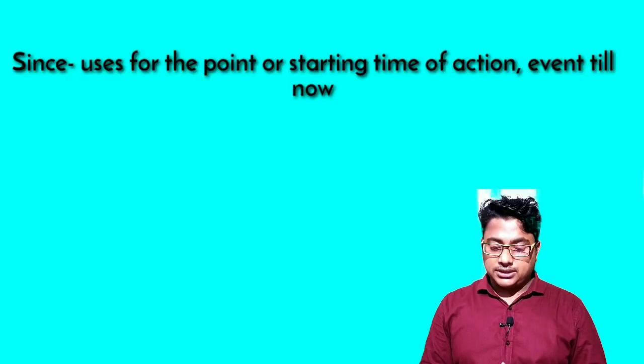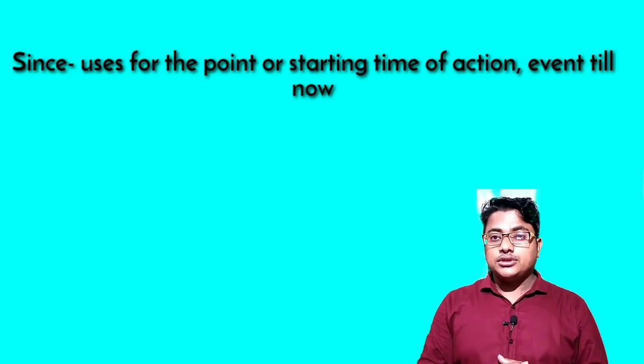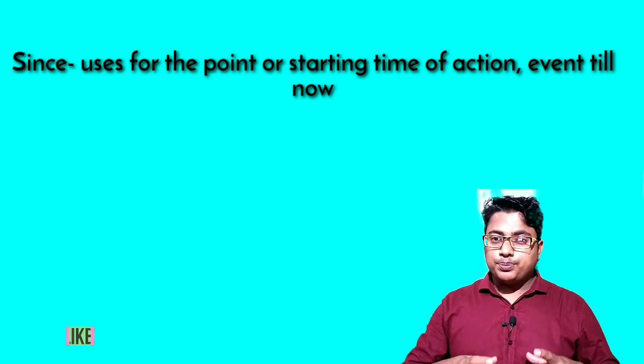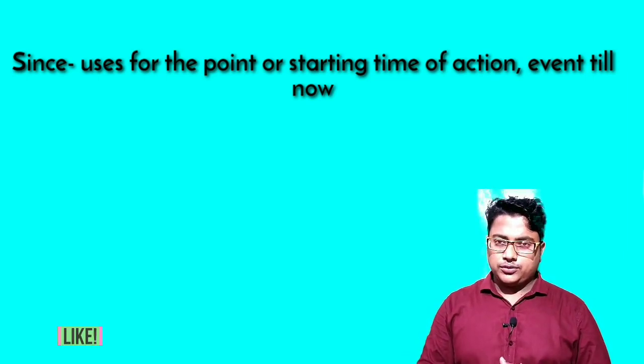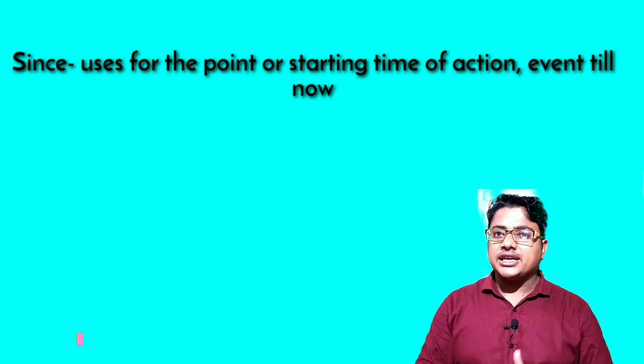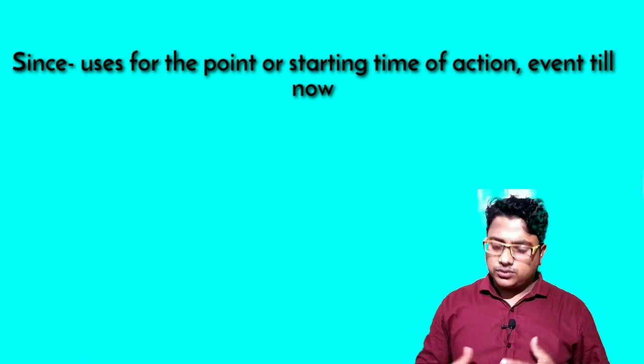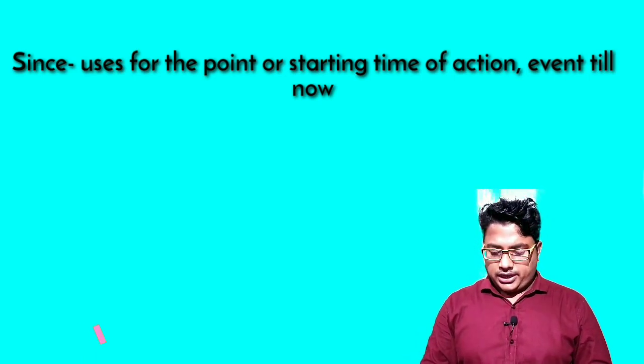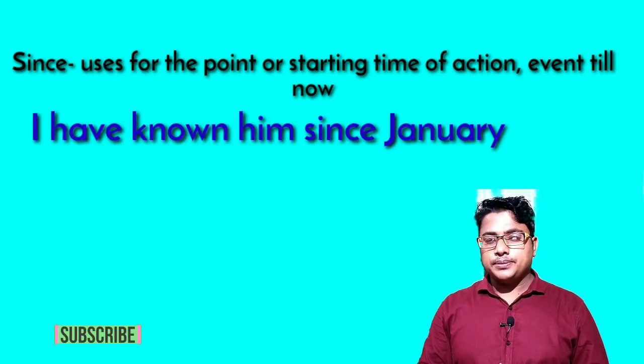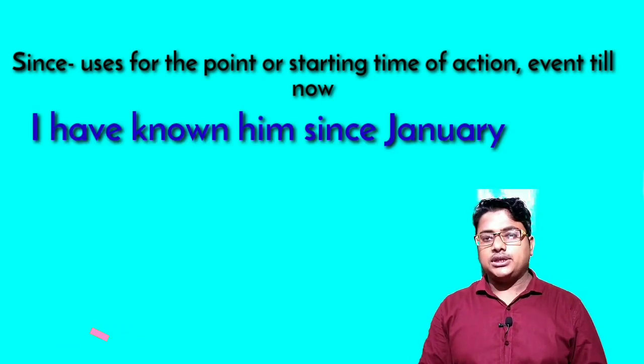What is the grammatical rule for using since? Okay, since is used for a point of time. What is a point of time? Starting time till now. Okay, for example, I have known him since January.